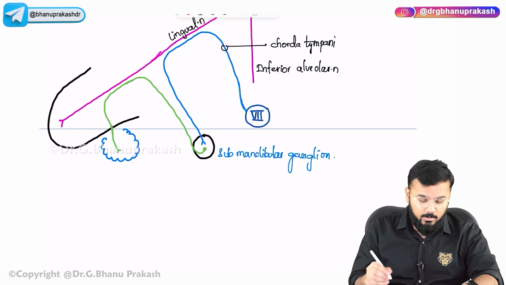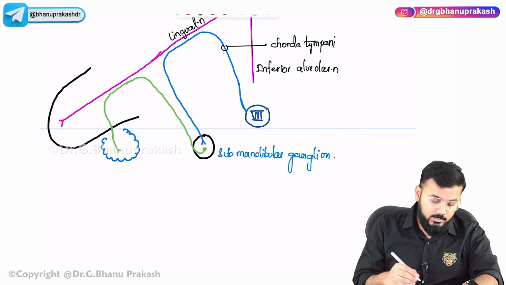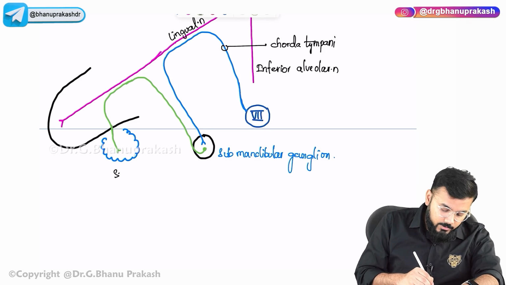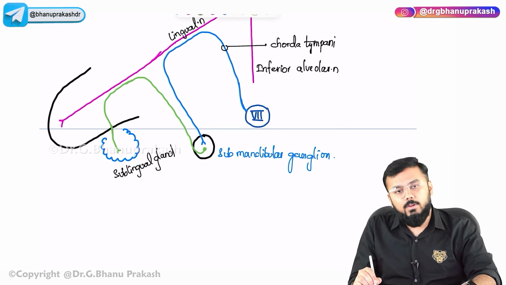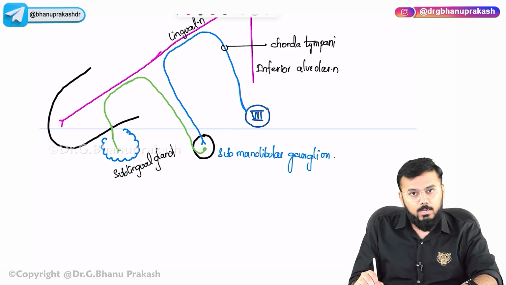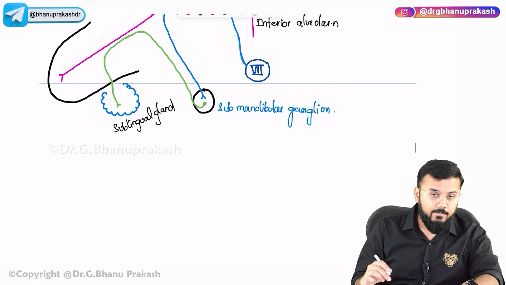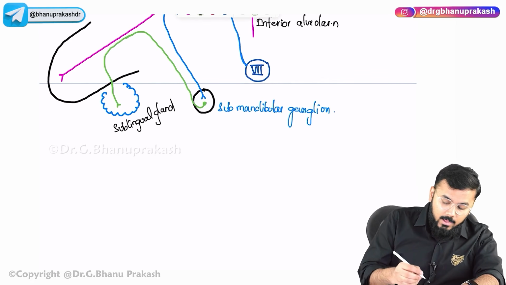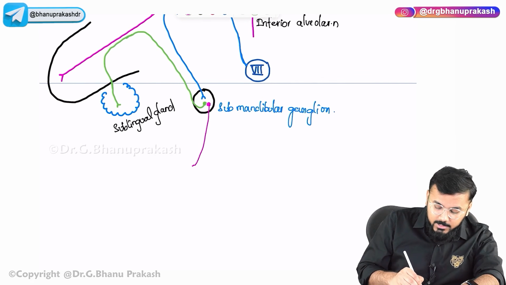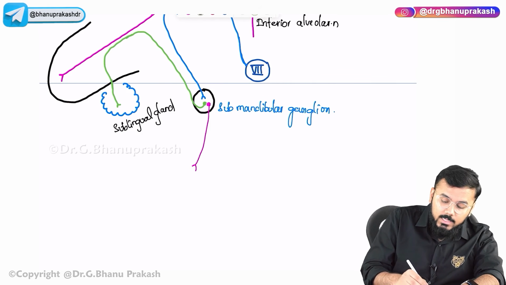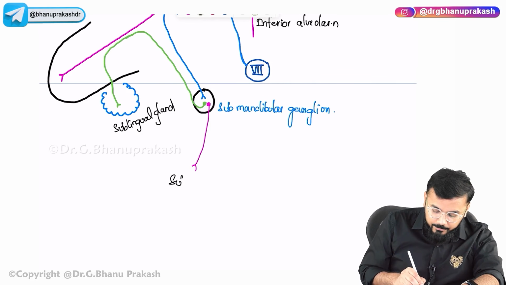From the submandibular ganglion, the postganglionic fibers will go along with the lingual nerve and innervate your sublingual gland. And by the way remember one thing, from here there are some more groups of postganglionic fibers, they will also innervate your submandibular gland.